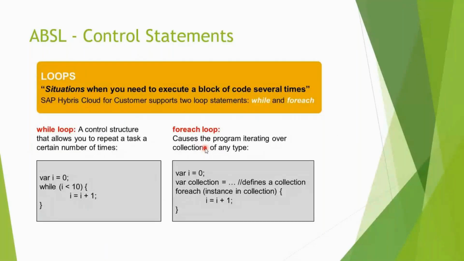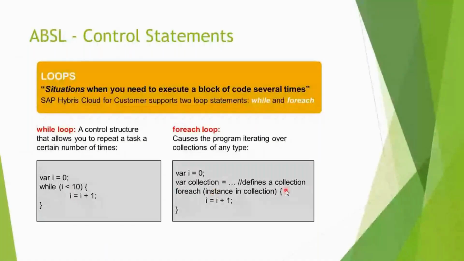The syntax is the same: while this condition is true, then curly braces, and then what we want to do inside that while loop. For each, this is a variable which we define, and then the syntax is open and close curly braces, and then this one.